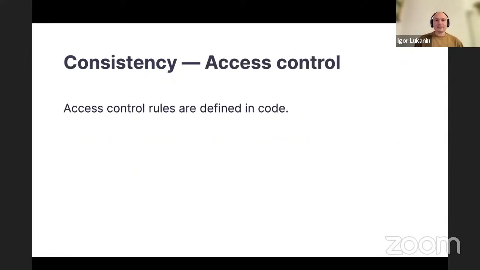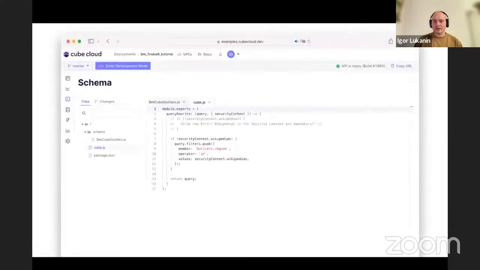Let's talk about access control. As I said, access control rules are also defined in code, and here's how it looks. You're basically able to augment any incoming query using some metadata about that query, and do anything with it. You can be adding additional filters.